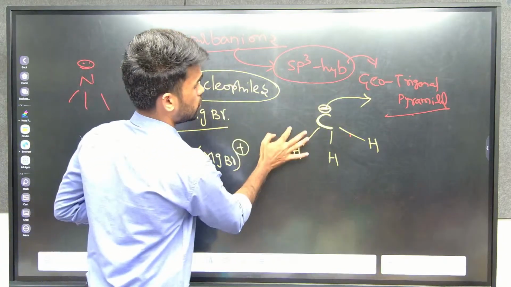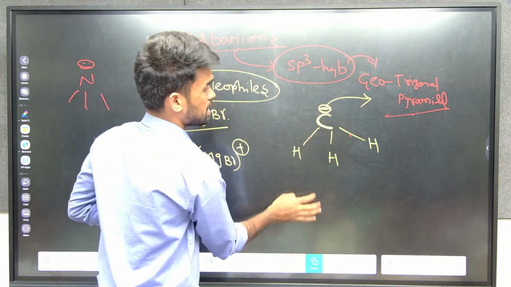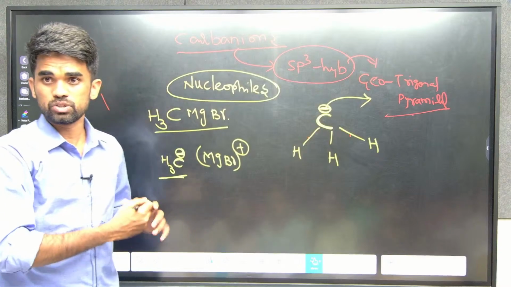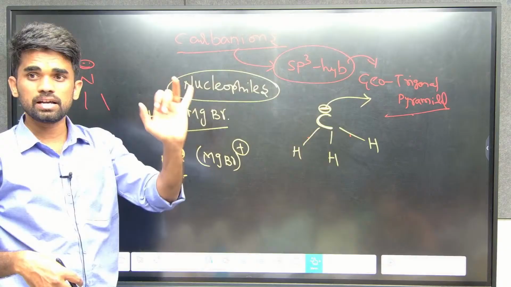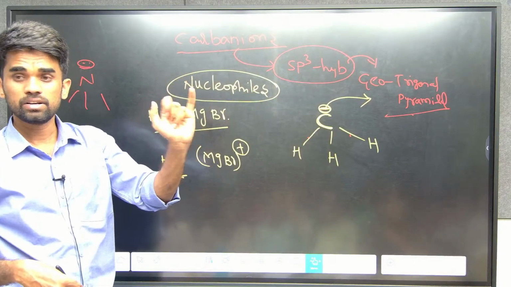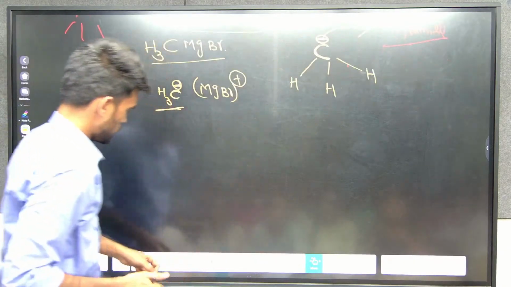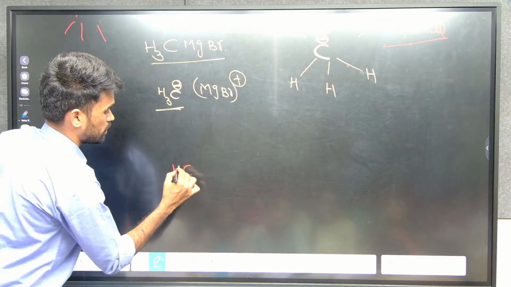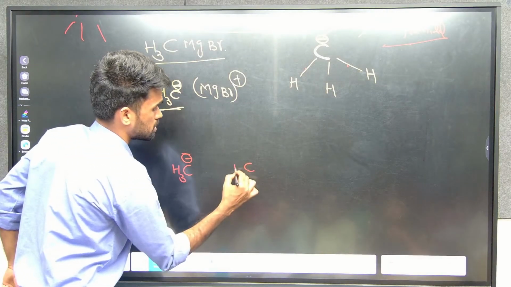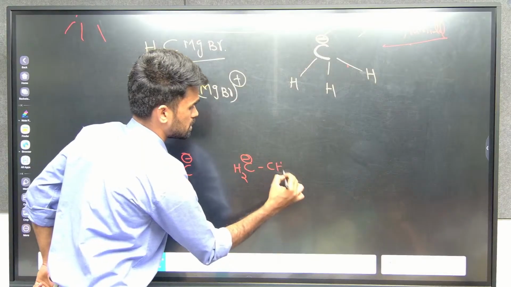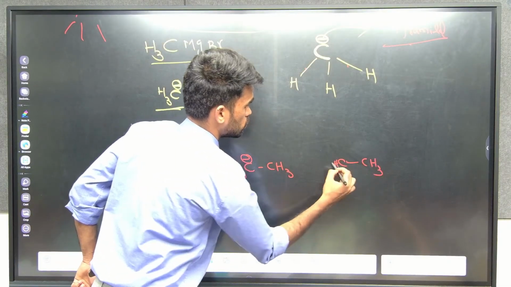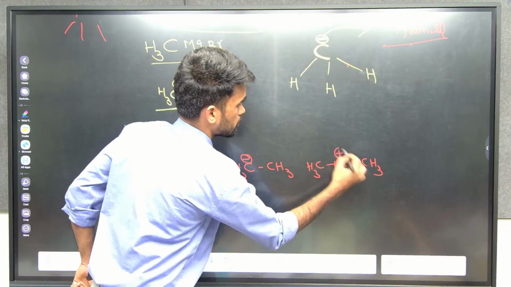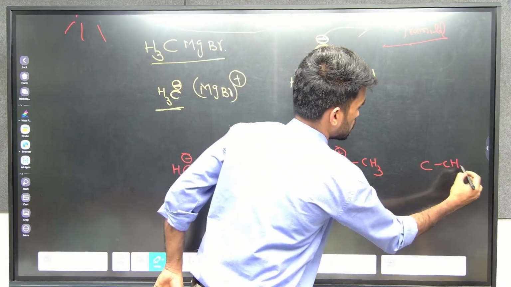Now, these are also reactive intermediates. During a chemical reaction, intermediates are formed such as carbocations, carbon anions, or free radicals. Okay. So again I am asking a basic question: CH3 minus, CH2 minus, and so on.